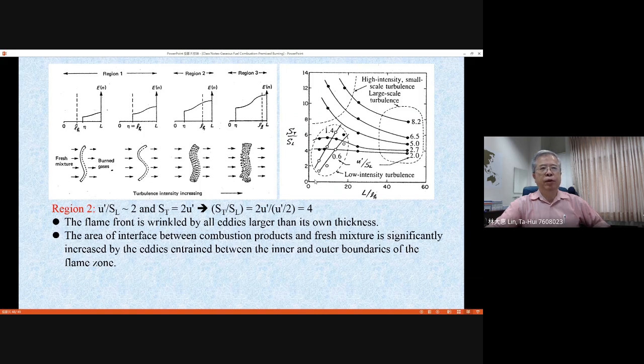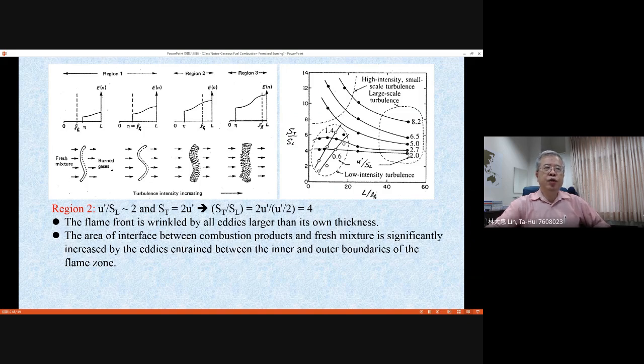Here you can see from the plot. This plot tells you, when you change the integral scale divided by LH, the horizontal line represents when you have a velocity fluctuation, u prime divided by SL, equal to 2, the flame speed ratio is equal to 4. Okay, this is the critical flame speed ratio between turbulent and laminar.